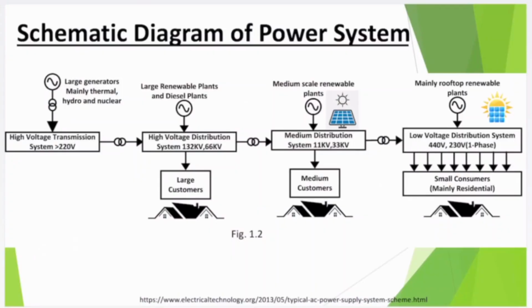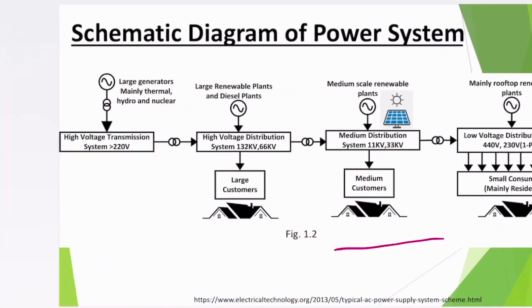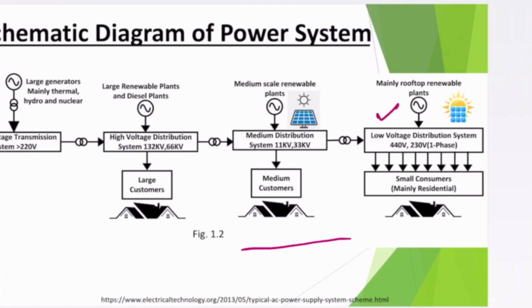Now the interesting part I would like to highlight here is the extreme right component. In the low voltage network, especially the small consumers, it may so happen that those consumers not only consume energy, but they also generate energy through their small scale rooftop solar or maybe small wind also. In that case, those consumers are not purely consumers; they may be treated as prosumers because they produce power as well as consume power.